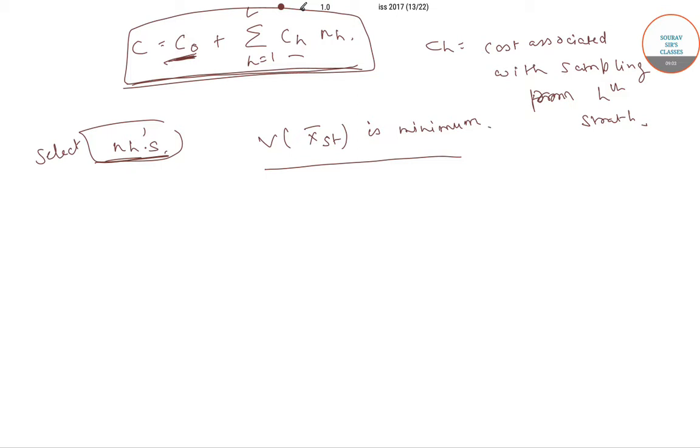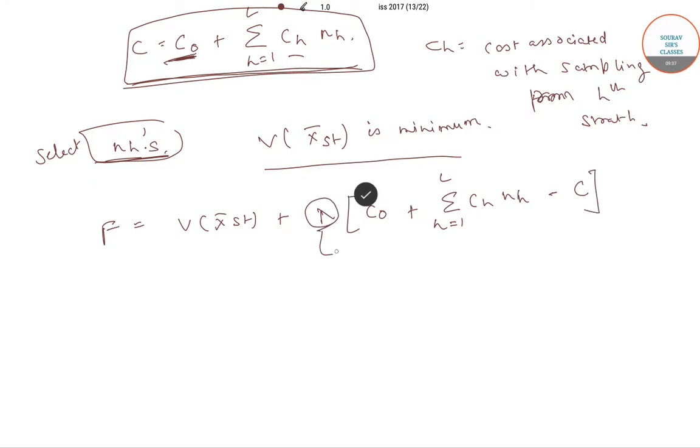Let us define a Lagrangian function f, which is equal to variance of x bar st plus lambda into C naught plus summation h goes from 1 to L of CH nh minus C. Here lambda is a Lagrangian multiplier.